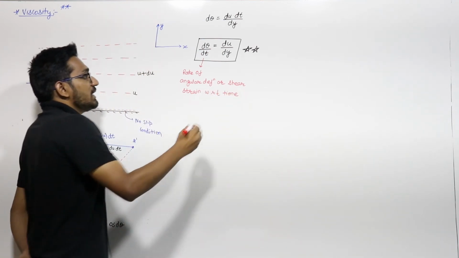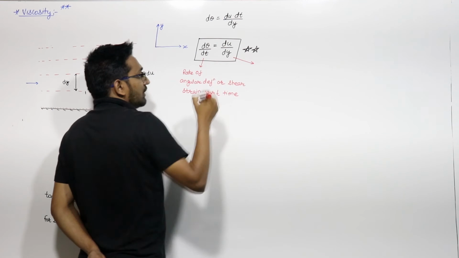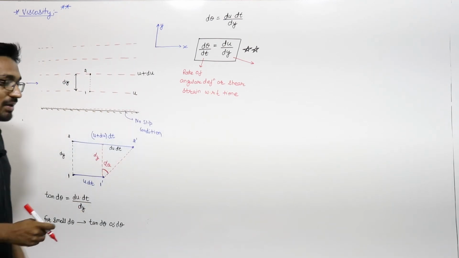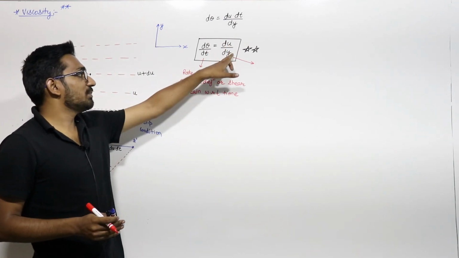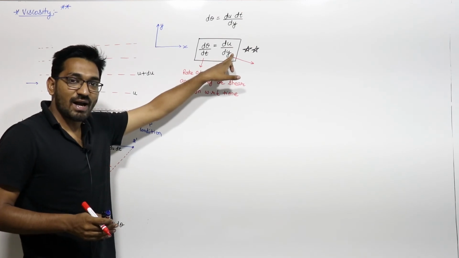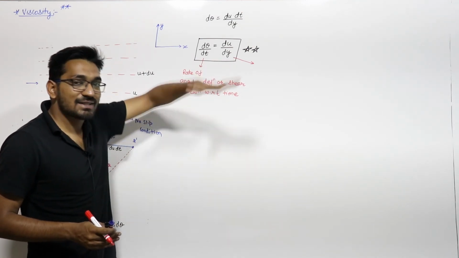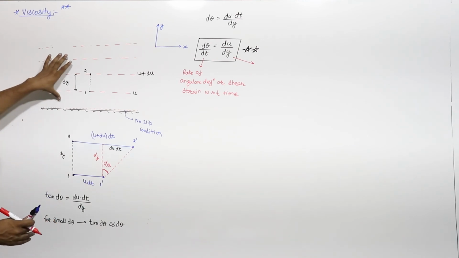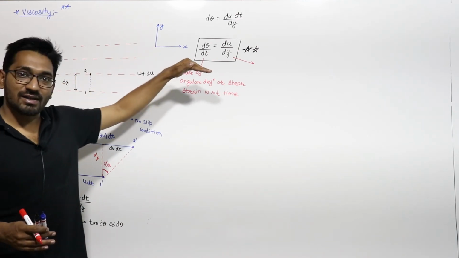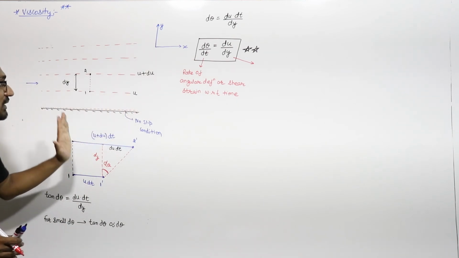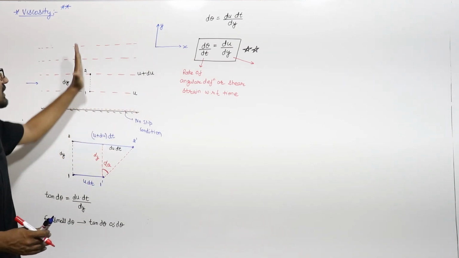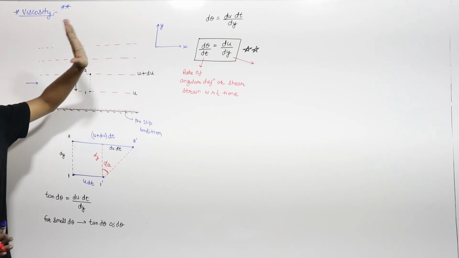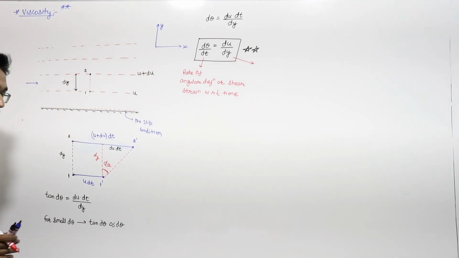And what is this du by dy? Du by dy is the change of velocity with respect to distance y in the direction perpendicular to the direction of flow. The fluid is flowing in the x direction. We are taking the velocity gradient in the direction y, which is perpendicular to the direction of flow.